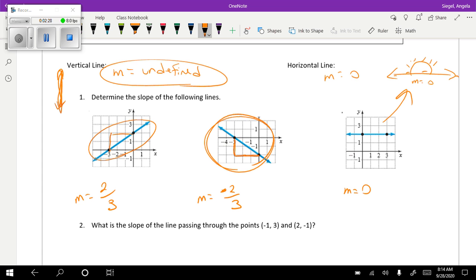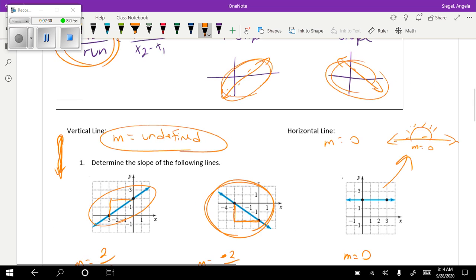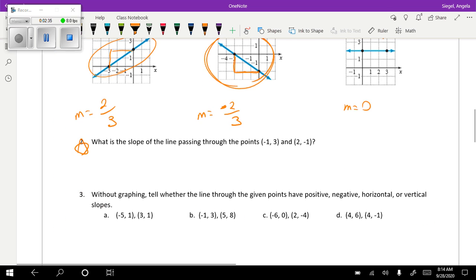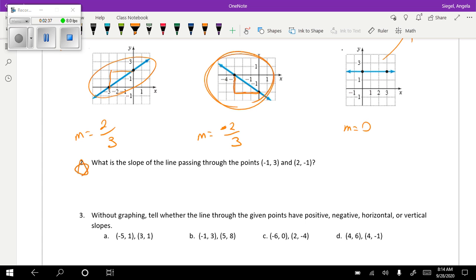Okay, number 2 deals with passing through 2 points, so we are going to gravitate over to this formula. So just keep it consistent. Don't worry about which direction. I was taught to go from right to left, but you can definitely go from left to right. Just keep it consistent.